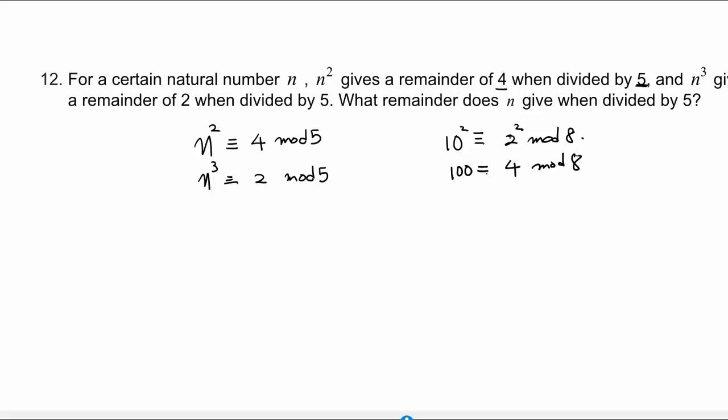That is true too. When you divide by 8, the remainder is 4, true. But when you go the other way, it's not always true. So you cannot take a square root. All right. This direction is always true. The reverse way is not always true.